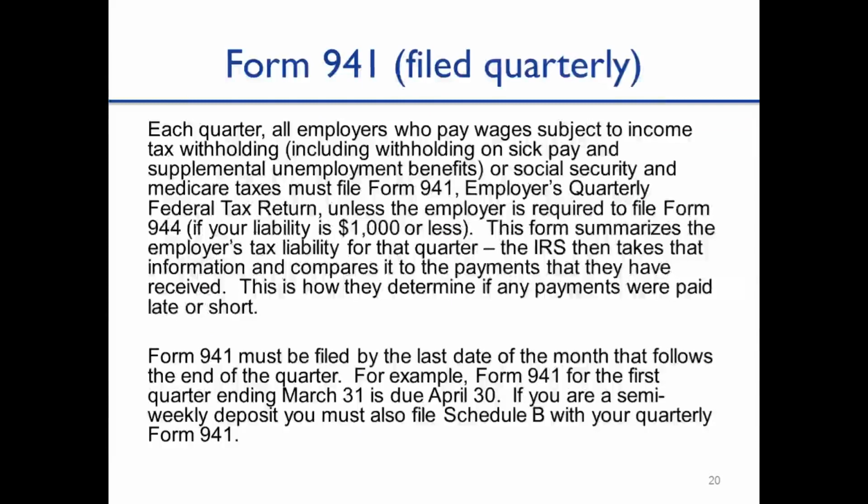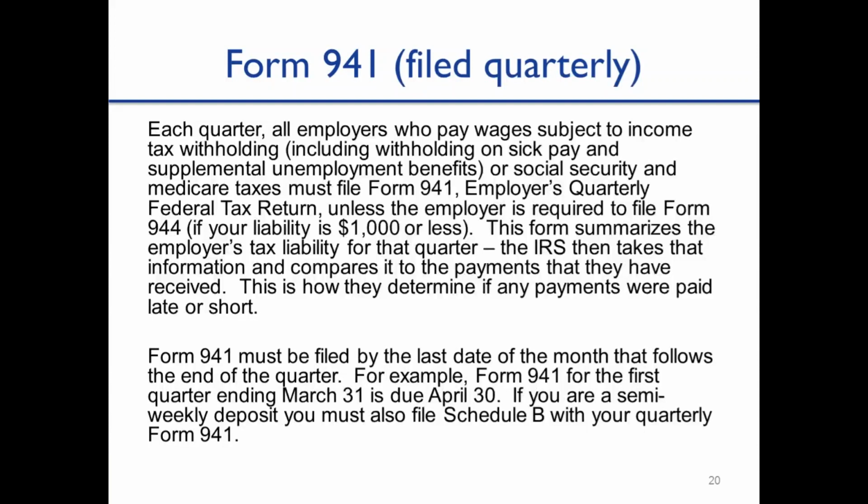Form 941 is your quarterly form that summarizes your 941 deposits. If your liability for the year is $1,000 or less, you might be able to file a Form 944. Most employers, it's going to be more than that, though. And from that form, that's how the IRS takes the information and decides if you were late paid or if you paid anything short.